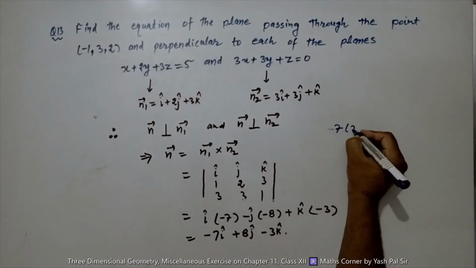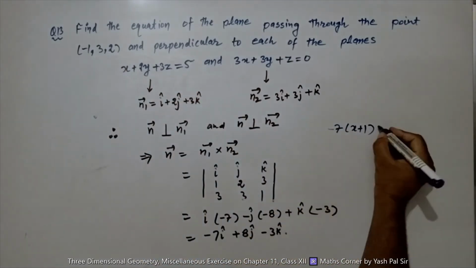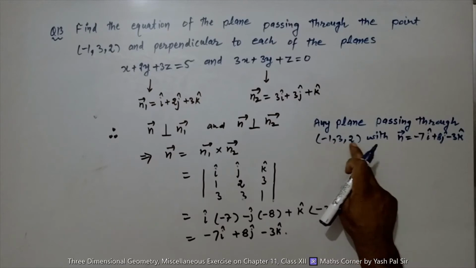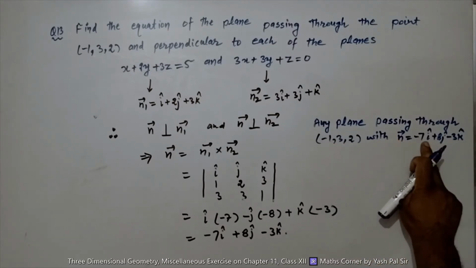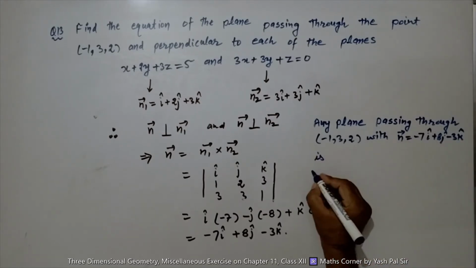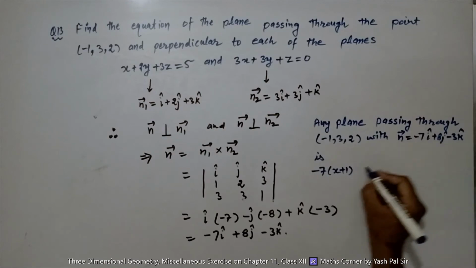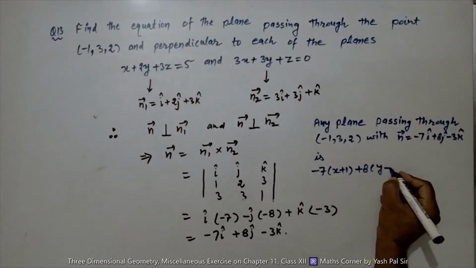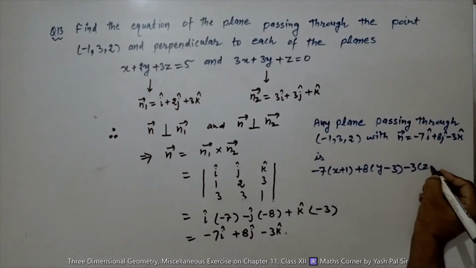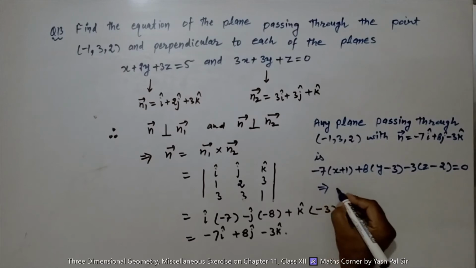Any plane passing through (-1, 3, 2) with normal to the plane equal to minus 7i plus 8j minus 3k is minus 7 into x plus 1, next is plus 8 into y minus 3, minus 3 into z minus z1, this is 2, is equal to 0.